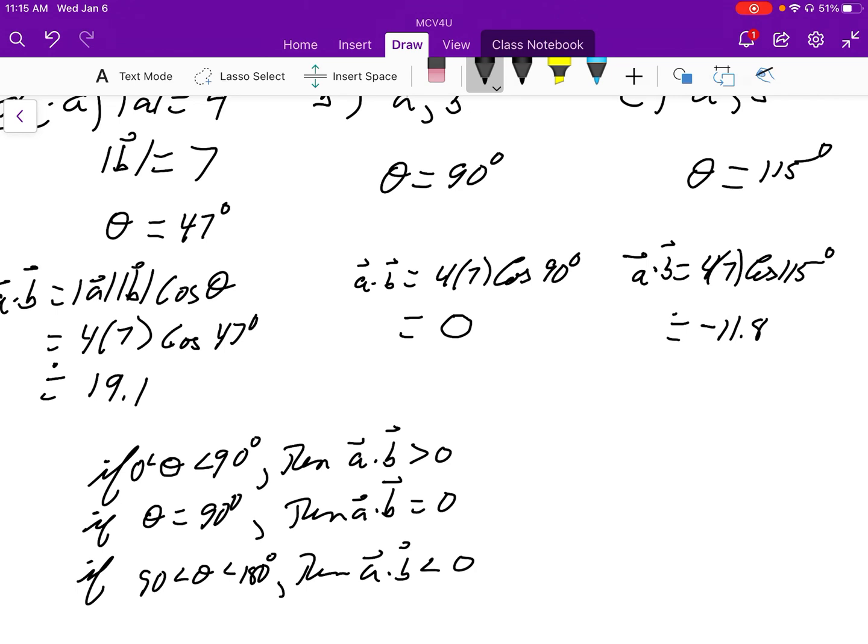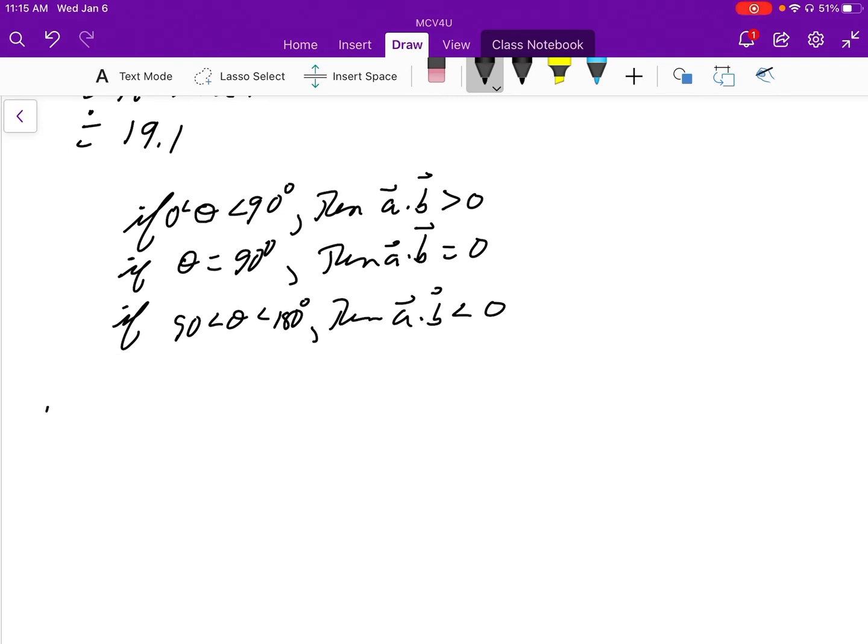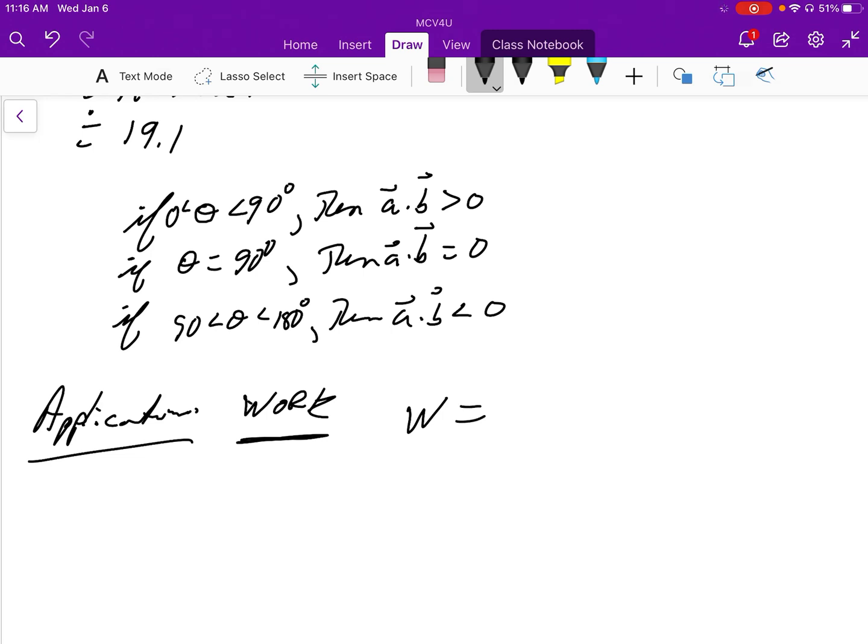Okay, so that's just a couple of ideas, principles behind the dot product. One of the main applications of the dot product is this concept called work. Work is the dot product between the vector force and displacement.